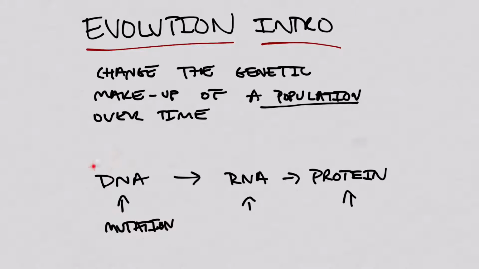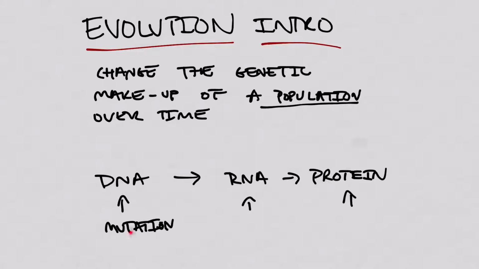So again, evolution acts at the level of the DNA, so mutations in the DNA lead to changes in RNA, which lead to changes in protein, and then natural selection acts upon the phenotype of those organisms. So organisms that have proteins that allow them to survive and reproduce better than other organisms then go on to leave more offspring and thus more DNA.